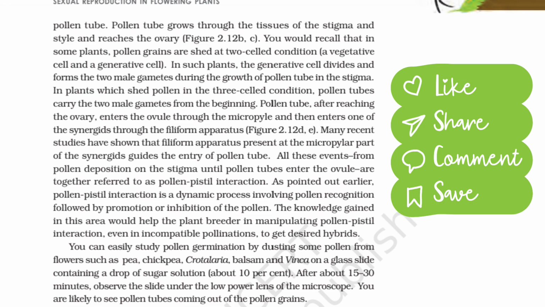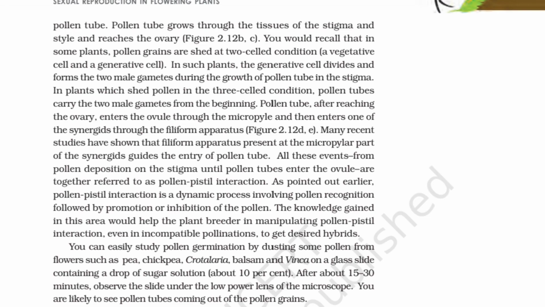You would recall that in some plants, pollen grains are shed at the two-celled condition, a vegetative cell and a generative cell. In such plants, the generative cell divides and forms the two male gametes during the growth of a pollen tube in the stigma. In plants which shed pollen in the three-celled condition, pollen tubes carry the two male gametes from the beginning.